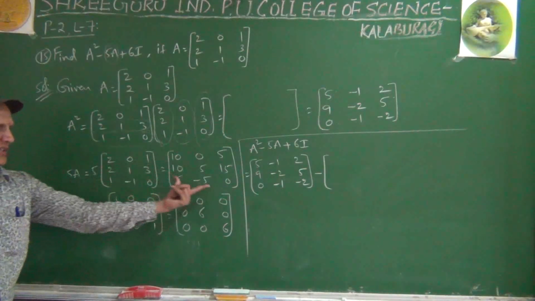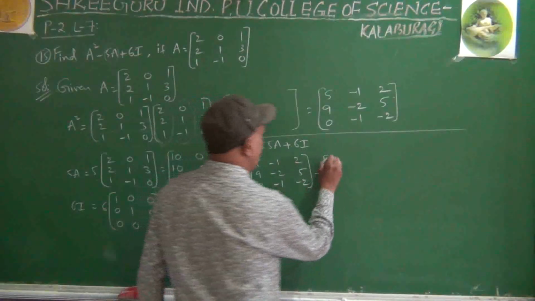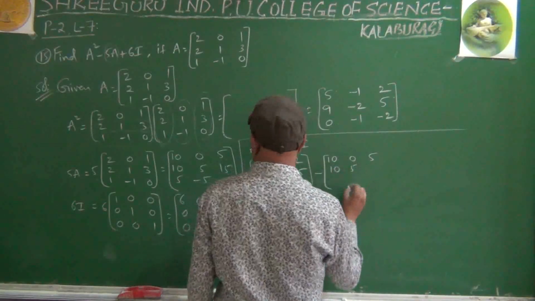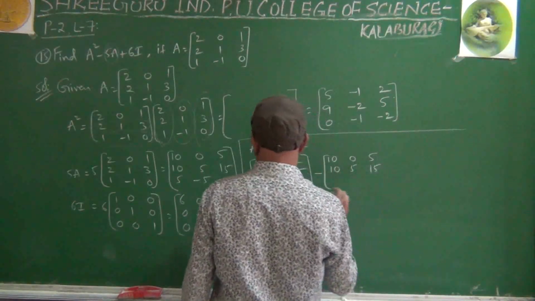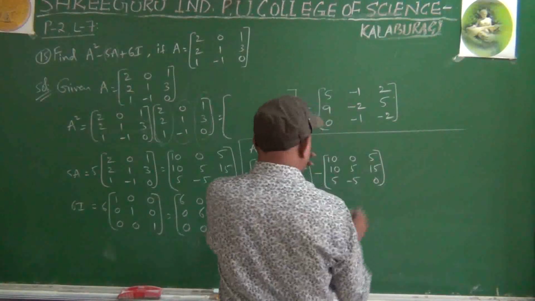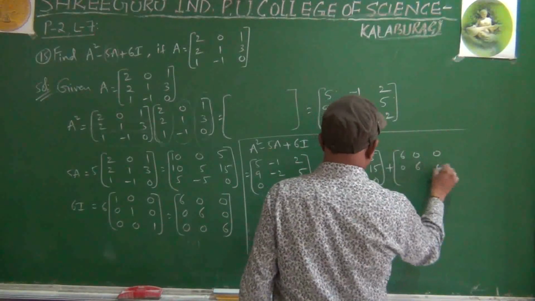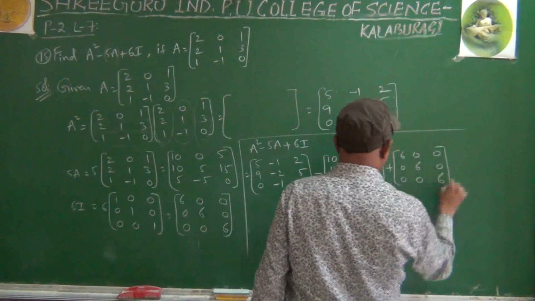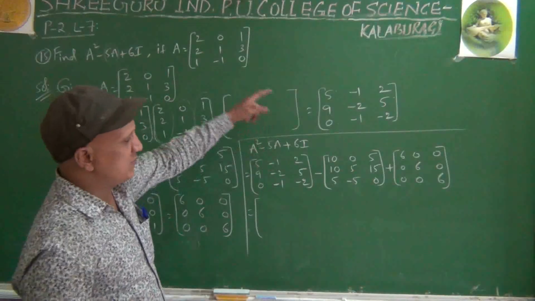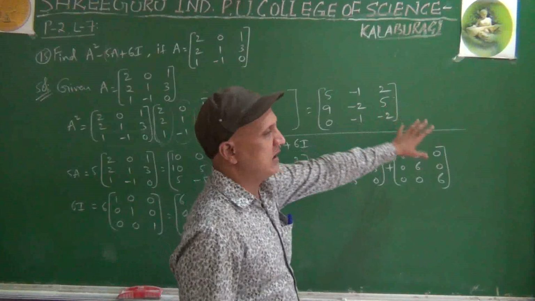This is the 5A value: 10 0 5, 5 15, 5 minus 5 0, plus 6I, which is 6 0 0, 0 6 0, 0 0 6. First matrix minus second matrix plus third matrix.